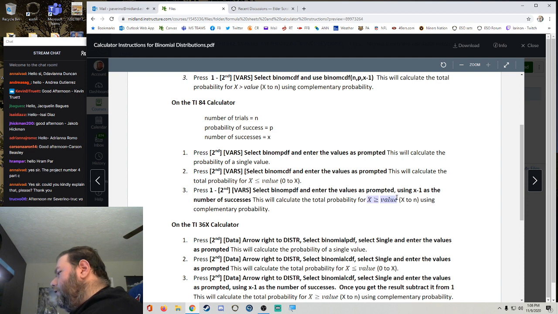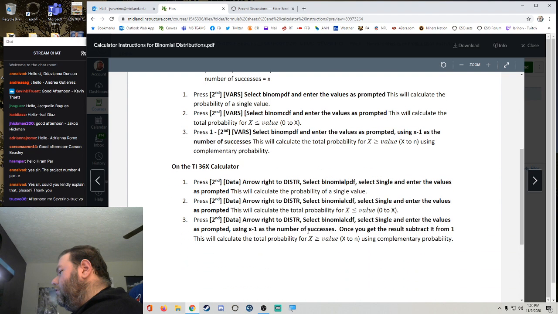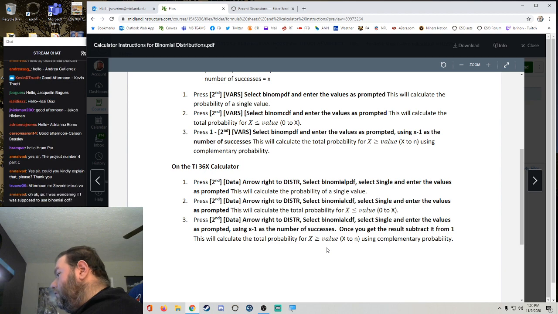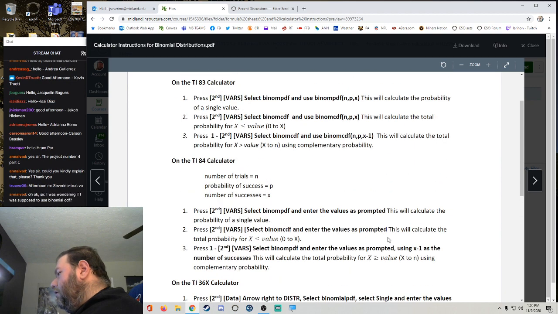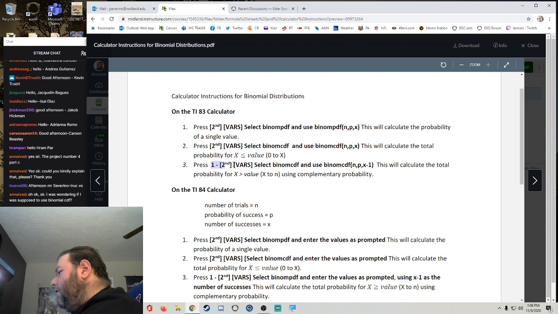Yeah, here, this third option, and I don't know if you have it 84 or 36 or 83, but this is how we calculate x greater than or equal to a value, from x to the n. What we actually do is, and you can see the command here, is basically what's happening.